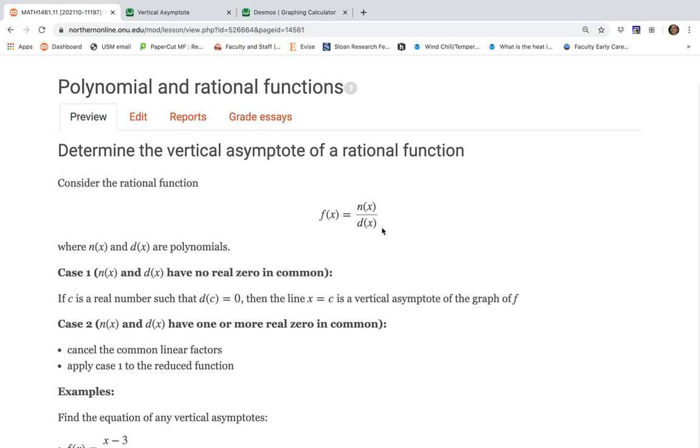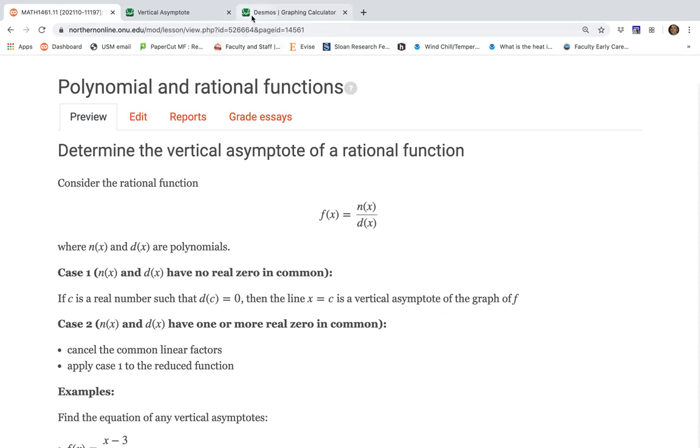The vertical line corresponding to that location is the vertical asymptote. If the numerator and denominator polynomials have no real zeros in common, and you have a real number where the denominator is 0, then the line x equal to that real number is a vertical asymptote of the graph of f.